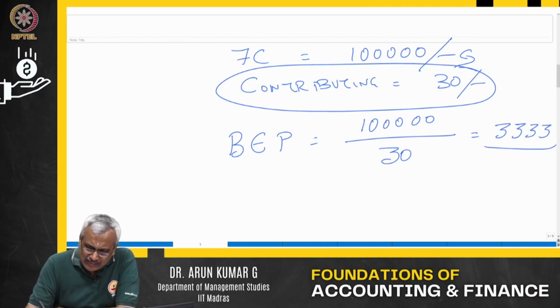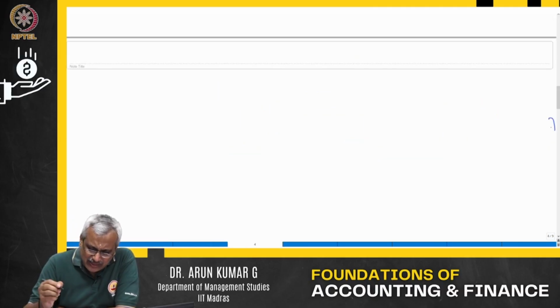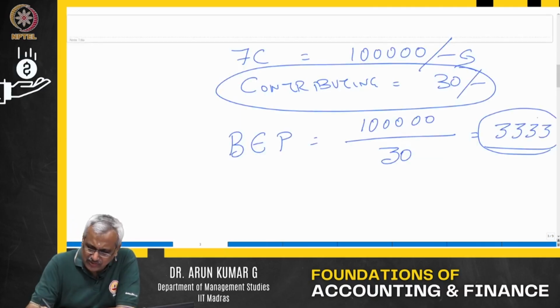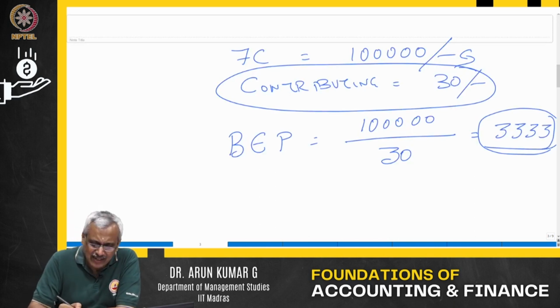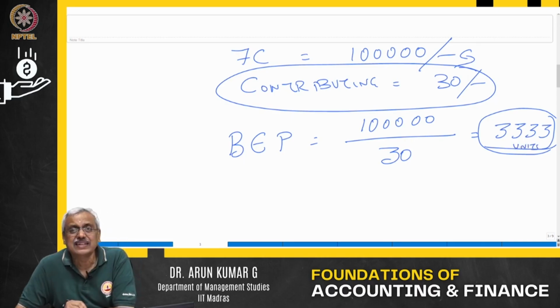If I manufacture and sell 3,333 units, I will earn 1 lakh, and that is the break even point, where I make no loss or no profit.